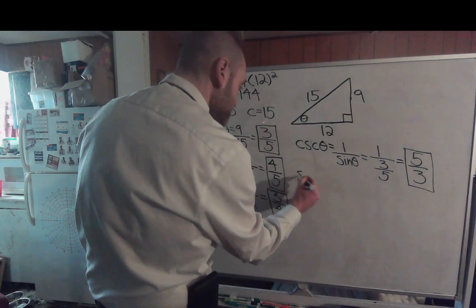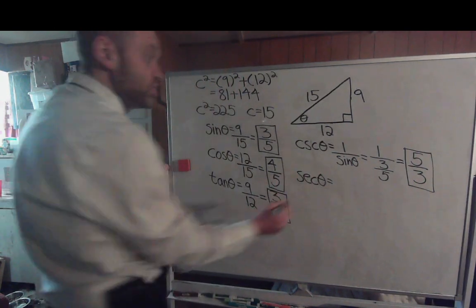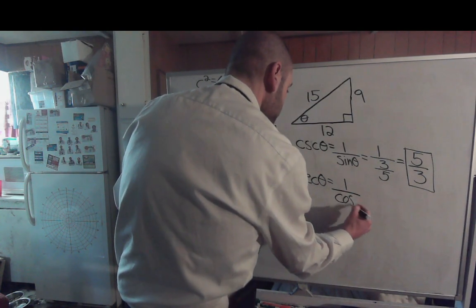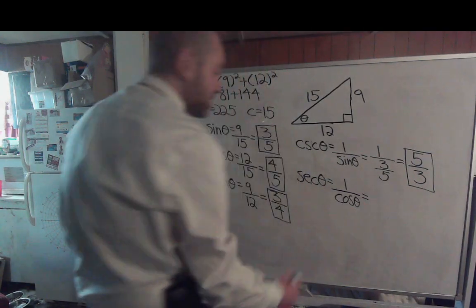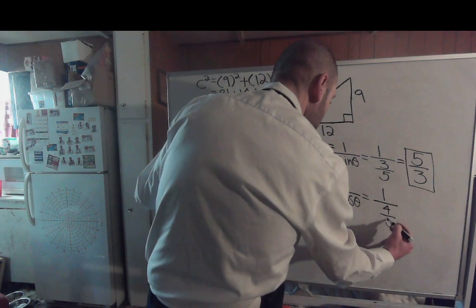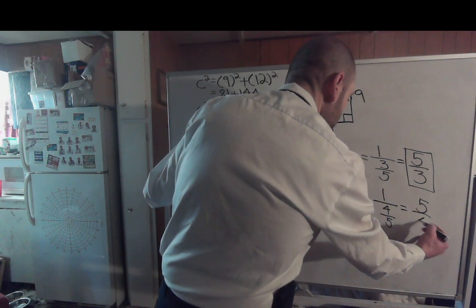Then we can find the secant of theta relatively easy also, because the secant function is simply the reciprocal of the cosine. So 1 divided by the cosine of theta, well, that's 1 over 4/5, which would give you 5/4 for your secant.